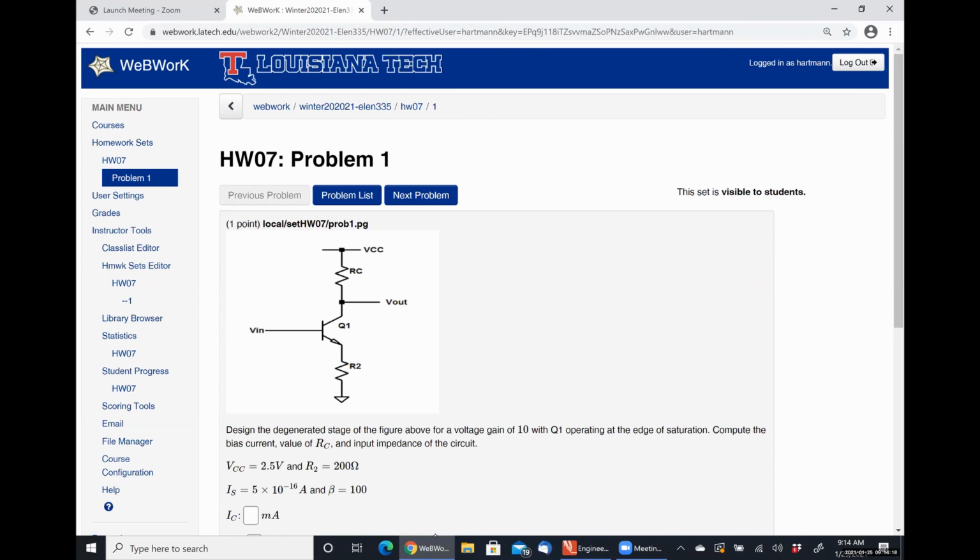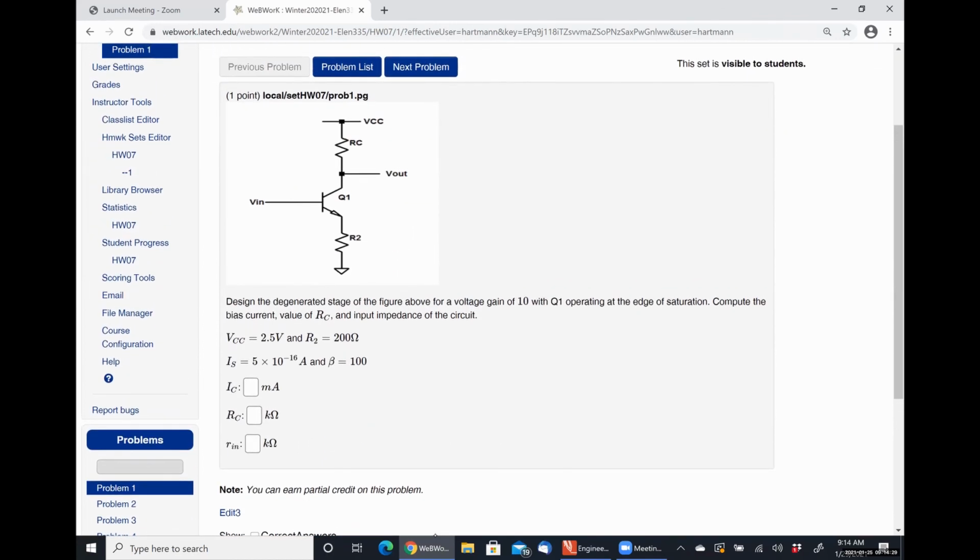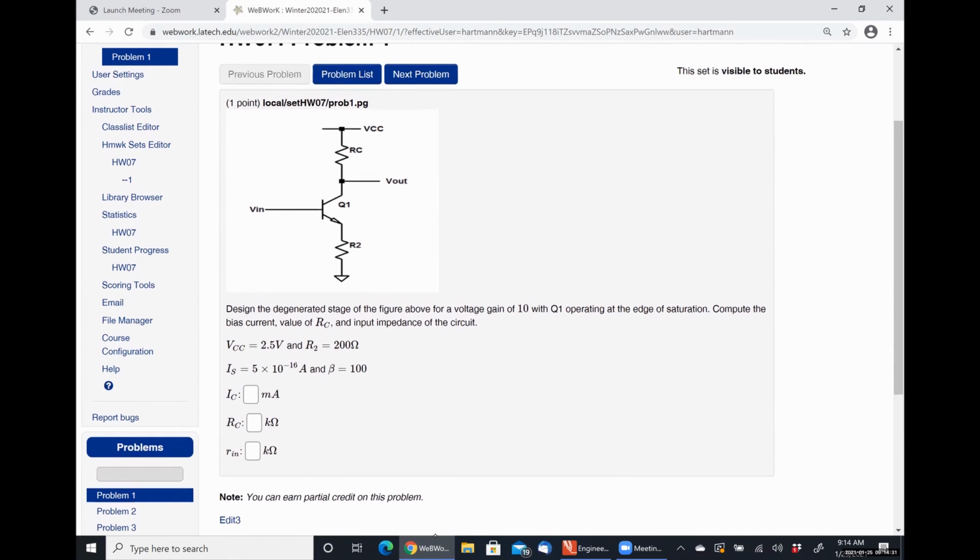So we have two equations and two unknowns, IC and RC, and we should be good to go to calculate all the operating point conditions and then calculate the input resistance, which should just be R pi plus (1 plus beta) RE, and R pi is dependent on IC.